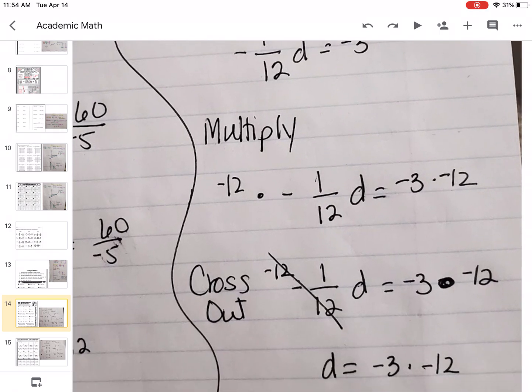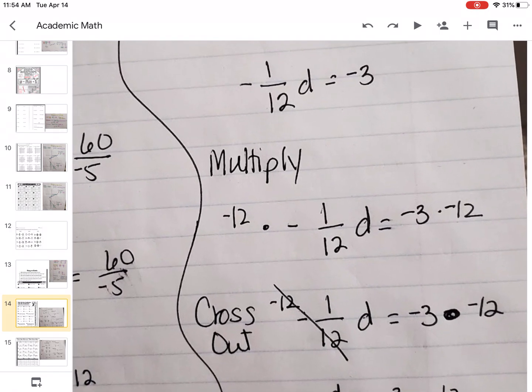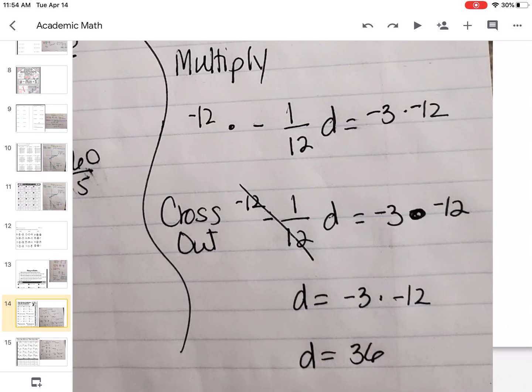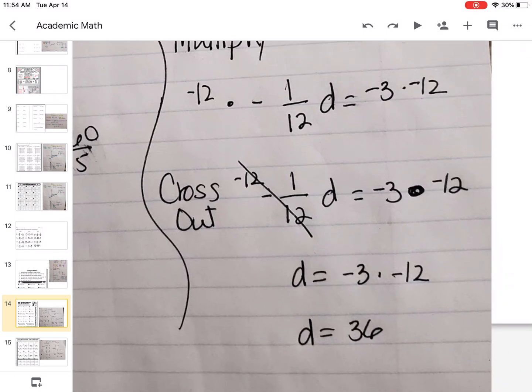And that's a -12, so I'm going to put a -12 over there. If I multiply one side of the problem by -12, I'm going to multiply the other side by -12. Now I get to cross those -12's off.